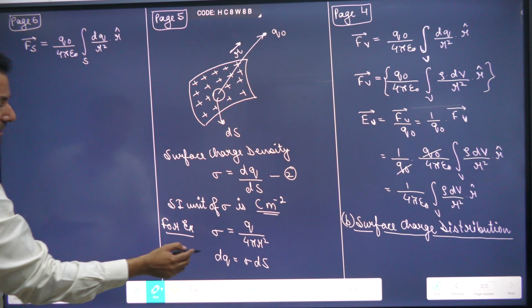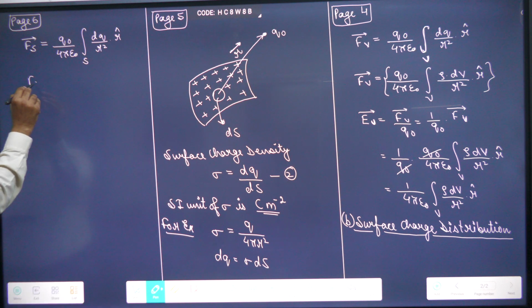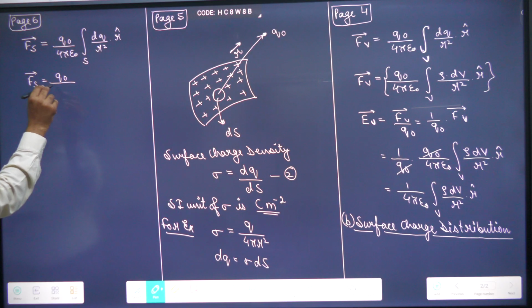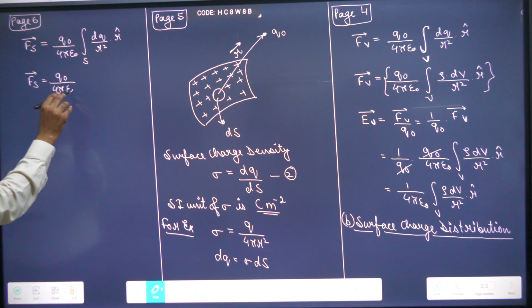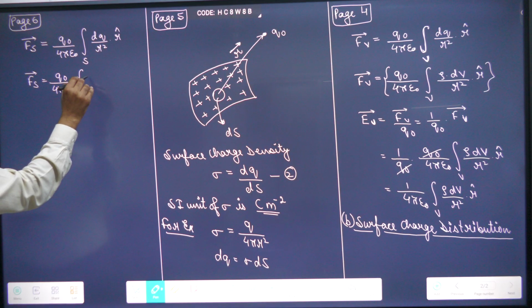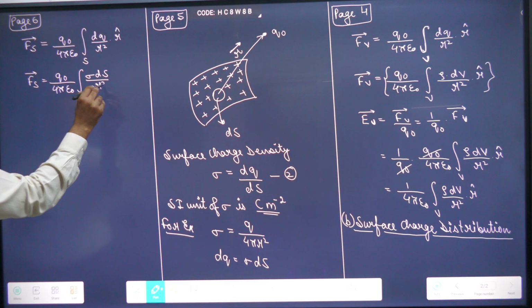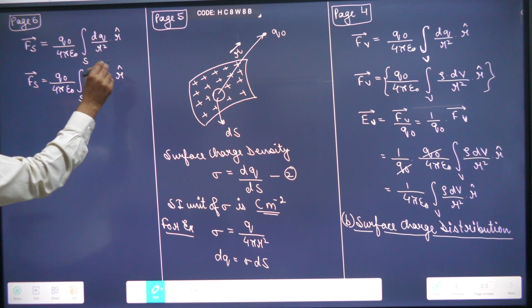And what is dq in this case? In this case, dq is sigma ds. So Fs vector is equal to q naught upon 4 pi epsilon naught, integration over the surface, of sigma ds upon r square into r cap.